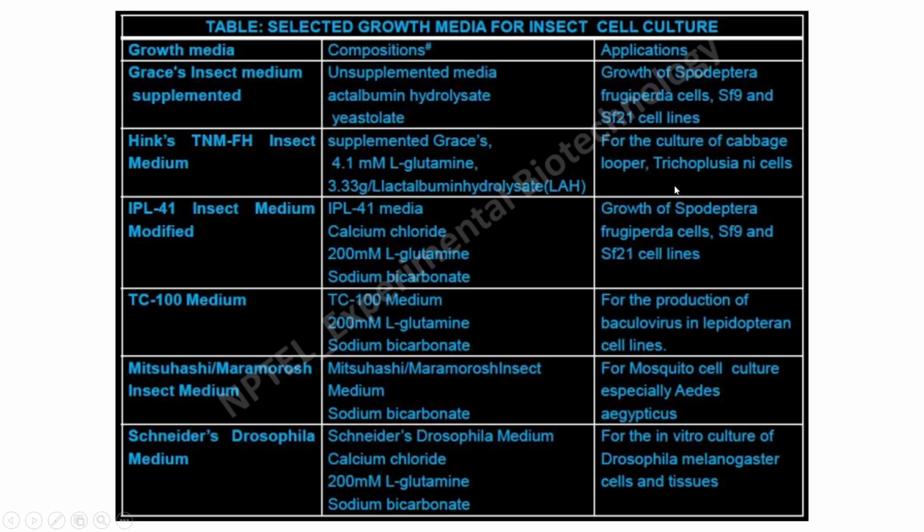Then we have the Trichoplusia Ni cells, which use Hink's TNM-FH insect medium. We can also use IPL41 medium for SF9 and SF21 cell lines. For production of baculovirus and lepidopteran cell lines, we use TC100 medium.